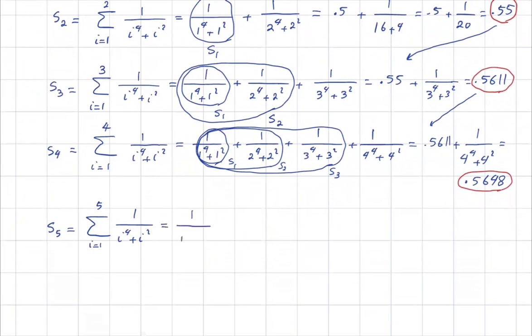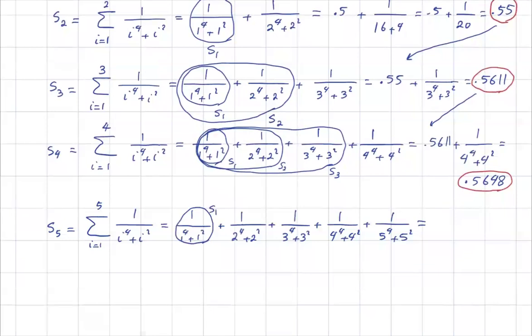You get 1 divided by 1 to the 4th plus 1 squared, plus 1 divided by 2 to the 4th plus 2 squared, 1 divided by 3 to the 4th plus 3 squared, plus 1 divided by 4 to the 4th plus 4 squared, plus 1 divided by 5 to the 4th plus 5 squared.